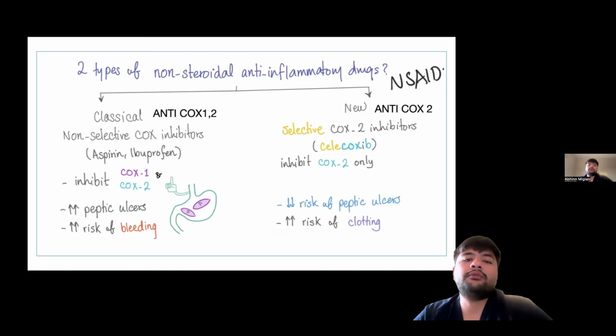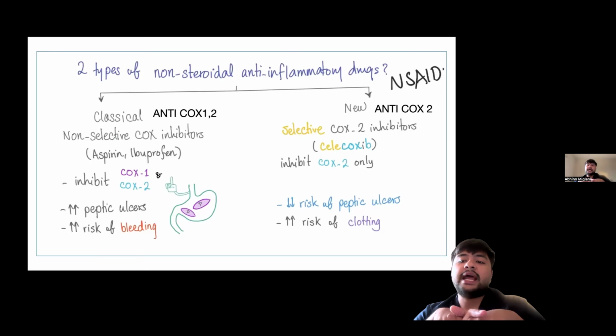There are two types of NSAIDs, which is the major classification. These are the most commonly used NSAIDs. The first one includes the classical ones, and the second one includes the newer ones. The classical ones include the non-selective COX inhibitors like aspirin and ibuprofen, while the second includes selective COX-2 inhibitors.